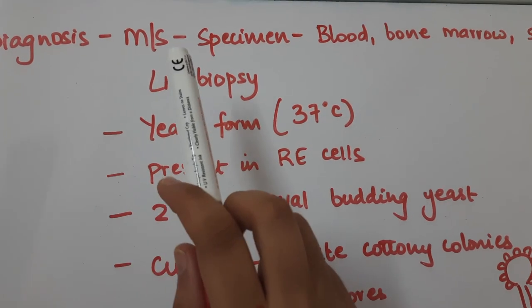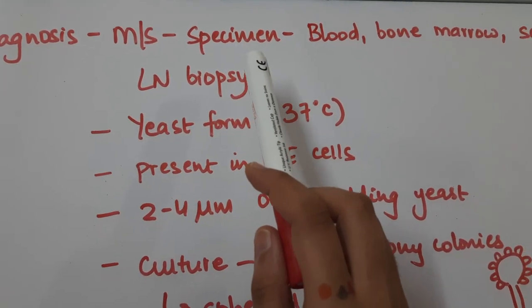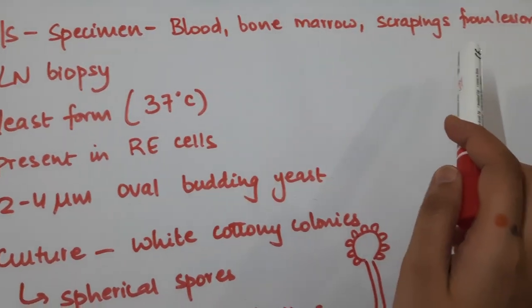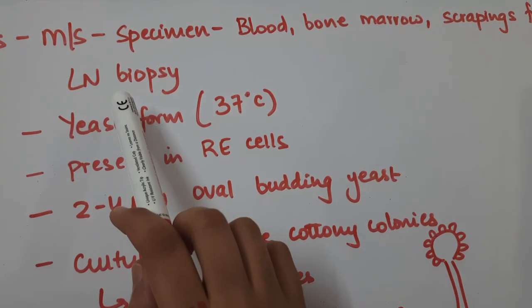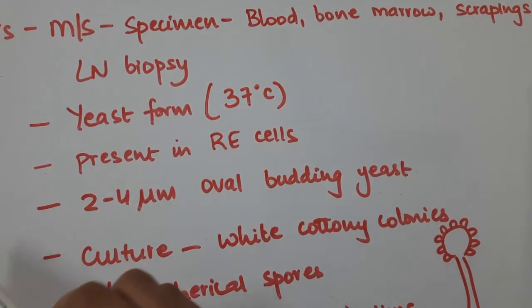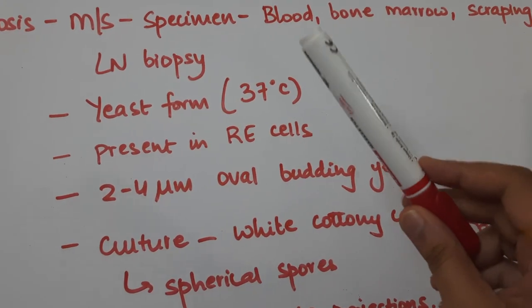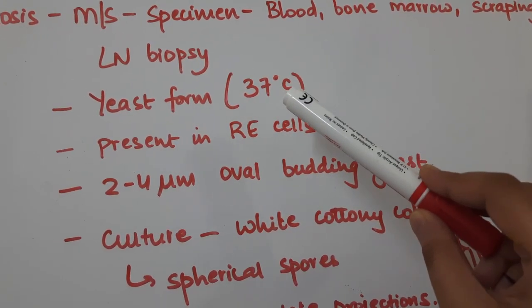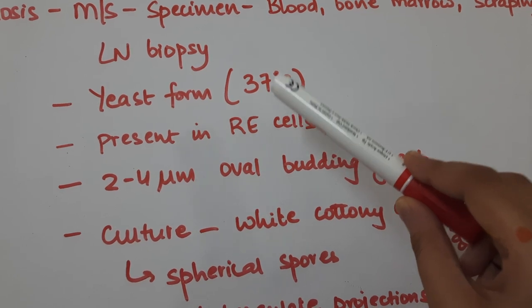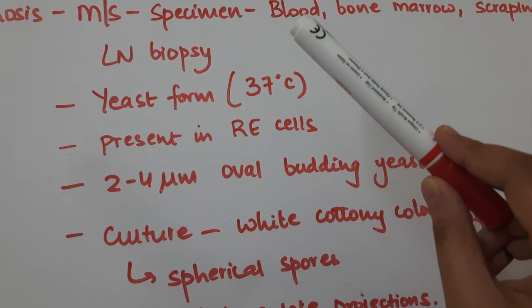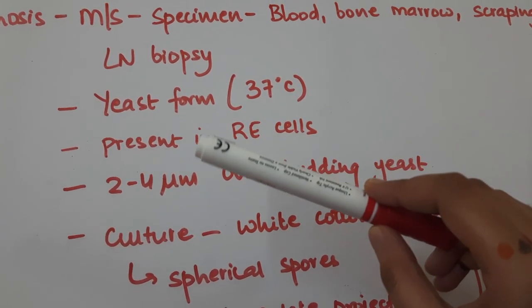For diagnosis, we can do a microscopy, and the specimens that we can use are blood, bone marrow, scrapings from the skin lesions, as well as lymph node biopsy. And what we see in microscopy is the yeast forms, and since we know that the yeast form is seen at 37 degrees Celsius, which is the body temperature, that is what we will see in the microscopy from these specimens.